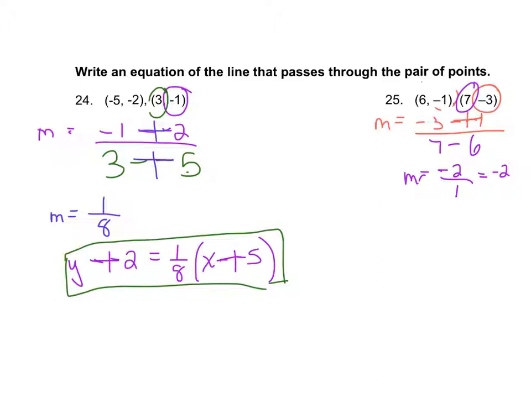And we did go over something like this at one point. So I'm going to go through this one in that manner just to show you. If I'm using the first point, it's going to go y minus negative 1, so that's really y plus 1, is equal to m times x minus x2. They didn't specify how they wanted the equation, so you are welcome to leave it as point slope.